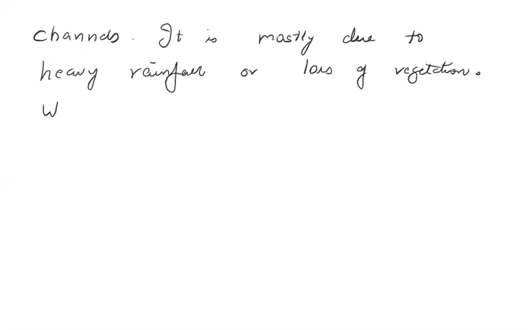So it may be slow or rapid. So slow is in a relative sense, don't consider it as a slow movement, right? It's rapid movement only, relatively slow compared to avalanches and all, right?